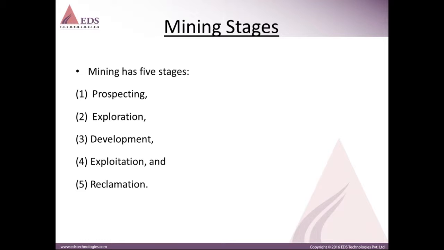After we know that the mineral exists, we do the exploration. After exploration, we go for development, that is to start the mining activity, then exploitation, that is doing the production of our minerals, and then the final step is reclamation.